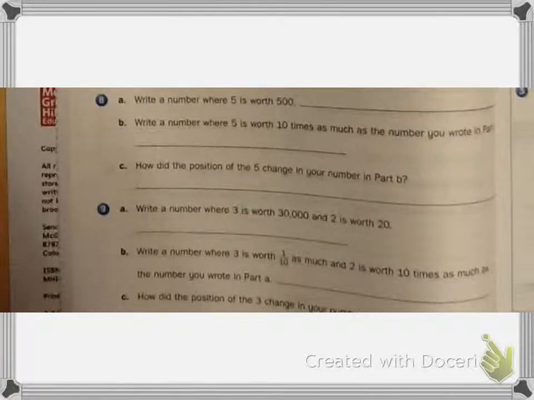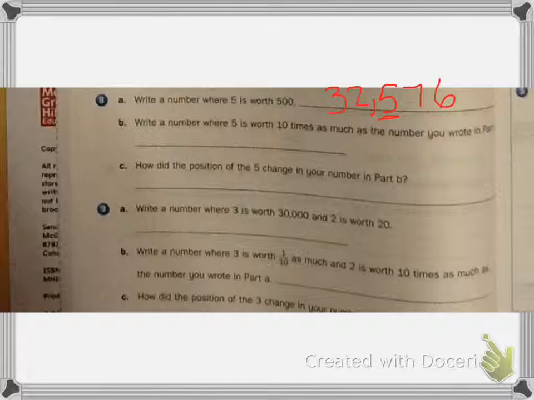Number 8, write a number where 5 is worth 500. So I'm going to write 32,576. So my 5 is in the hundreds, I have 5 hundreds, so 5 times 100 is 500, that's its value. The digit is 5, its value is 500. Write a number where 5 is worth 10 times as much as the number you wrote.